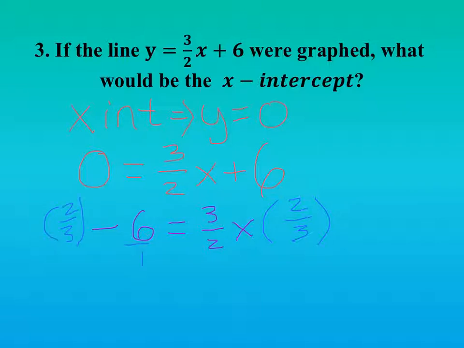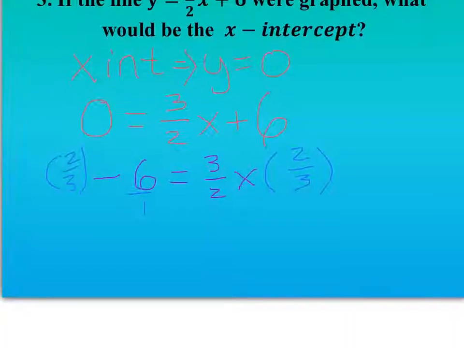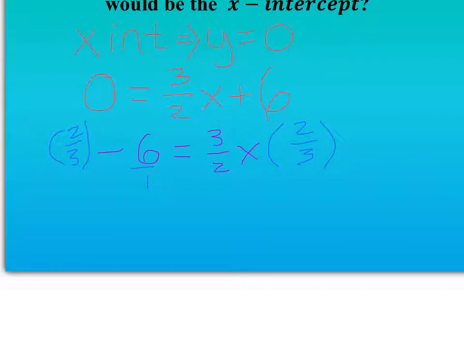From here, we need to multiply straight across. So let me give myself a little bit of room. Roll up a little bit. All right. So if I multiply straight across, I'm going to get 2 times negative 6, which is negative 12, over 3 times 1, which is 3.